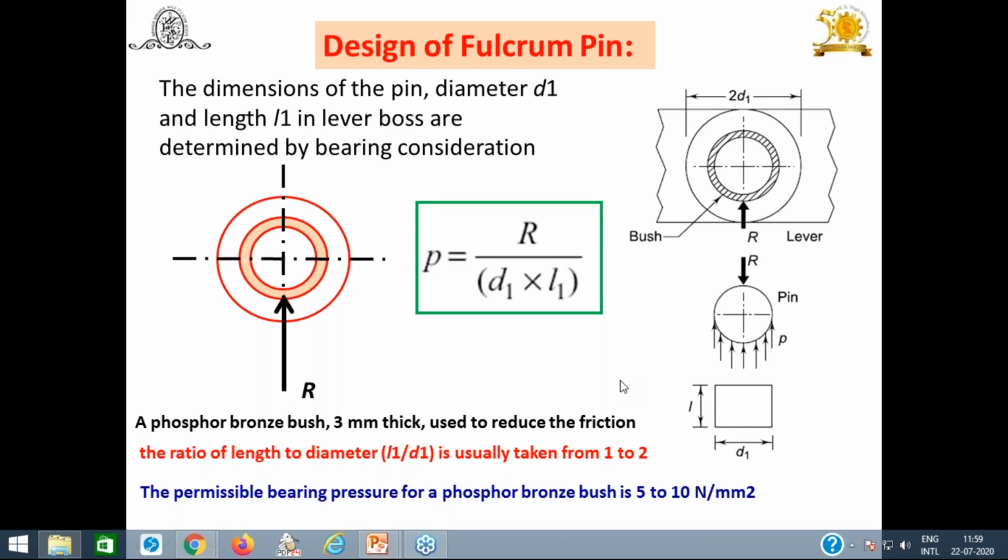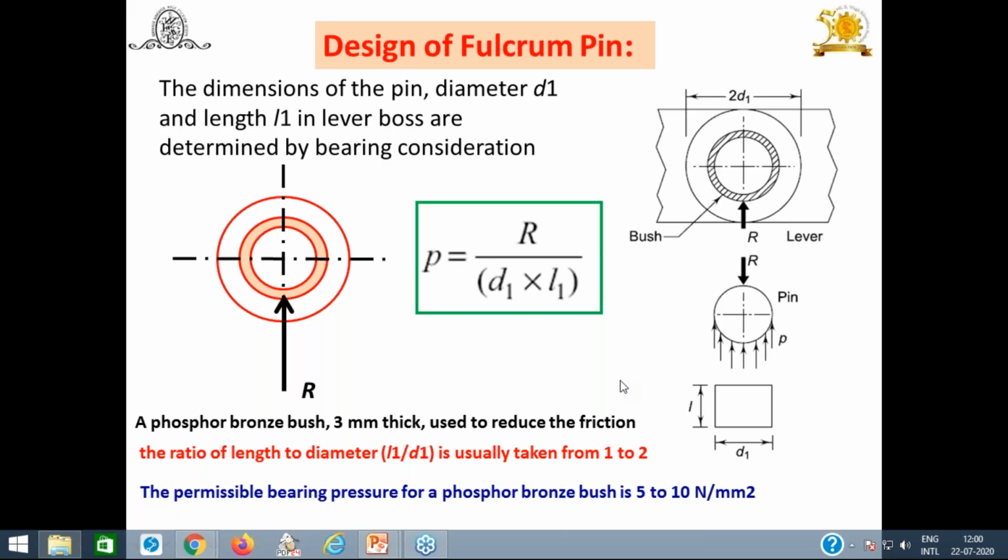The second criterion for the design of the fulcrum pin is shear failure. The pin is going to fail against the shear stresses, so we have to consider the resisting shear area. For this pin of the lever, you will get two shear areas, one on the front side and one on the back side, like a knuckle pin.